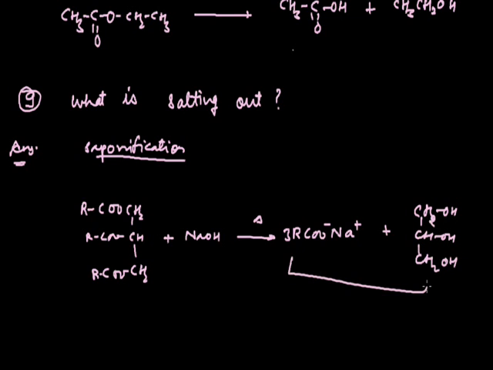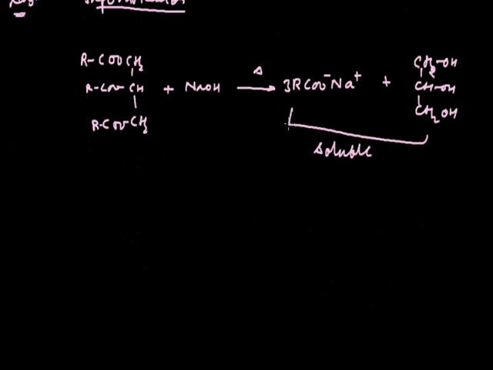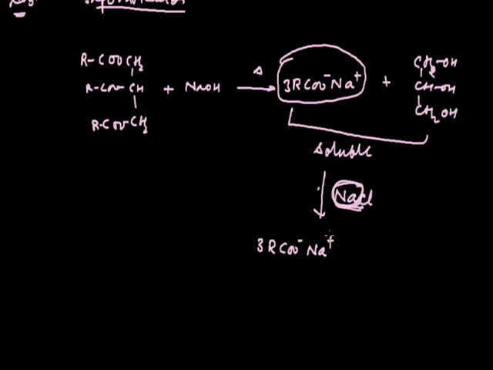Now this mixture is completely soluble. To separate the soap from the solution, we have to add some NaCl. Due to this sodium ion, that is the common ion effect, RCOO-Na+ is separated from the solution. This effect is known as salting out.